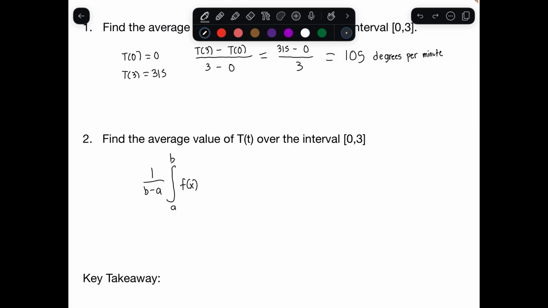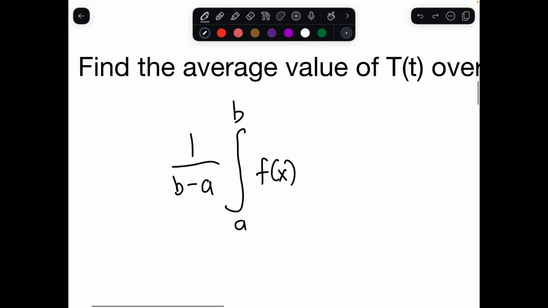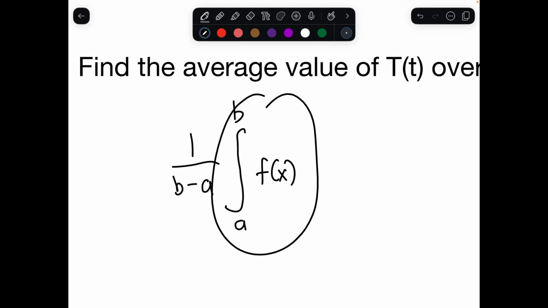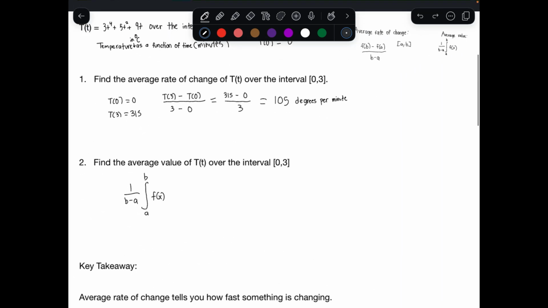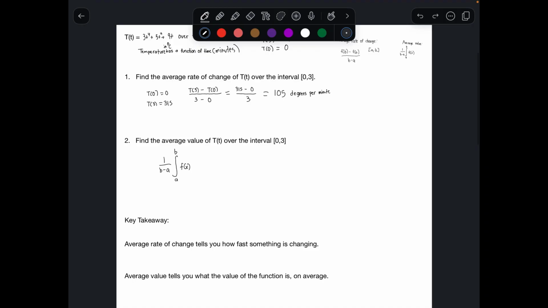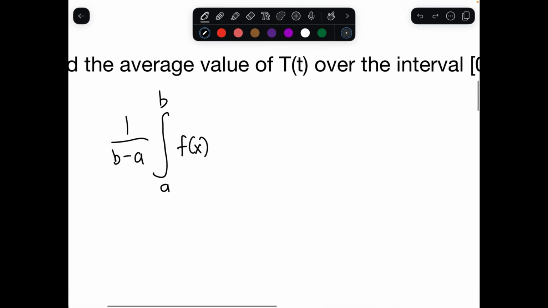If you divide the area by the total width, you would get your height, which can be thought of as the average value. So think of this as your area, and think of this as your width, and that would help you get your average height, which in this case is the average value, which is the average temperature over the interval 0 to 3. So let's actually solve that.